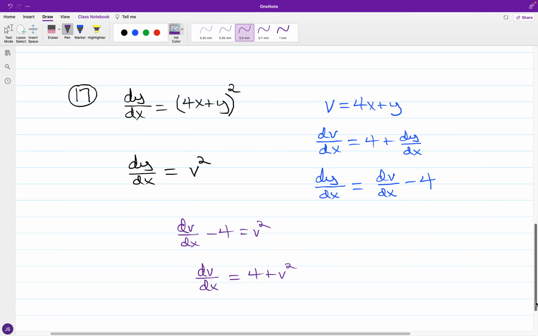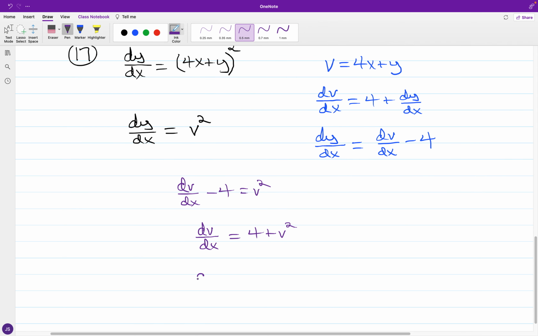Separating the variables, we have dv over 4 plus v squared is equal to dx, and we integrate over both sides.